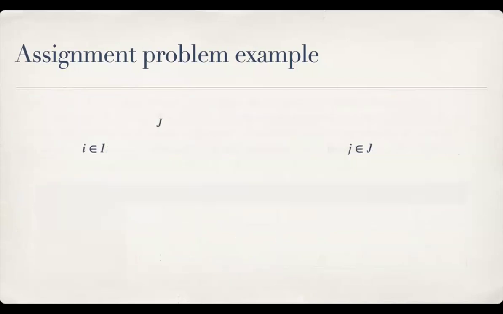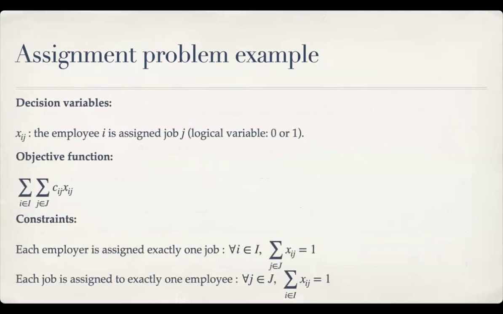And our decision variable is a matrix, the X matrix, Xij. And Xij can take only two values, 0 or 1. If employee I does job J, Xij must be 1. Otherwise, Xij becomes 0.